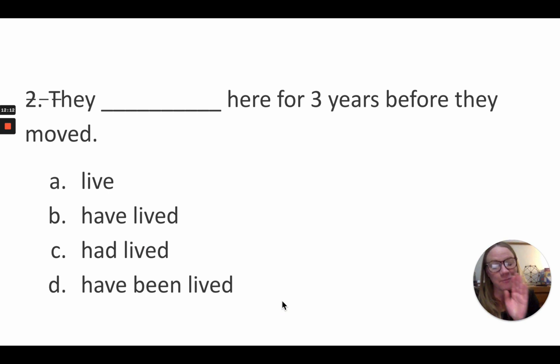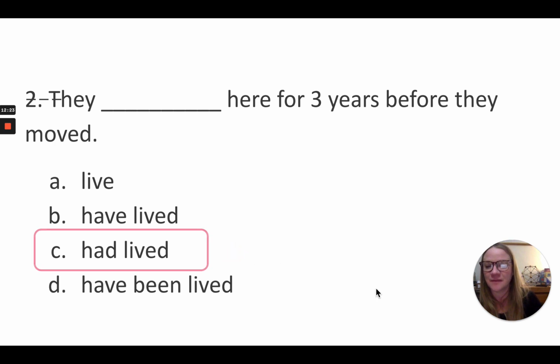Number 2, again, pause the video to give yourself some think time. These are tricky. They lived here for 3 years before they moved. The correct answer? They had lived here. We know to use the past perfect because if we look at the other verb in this sentence, it's simple past.